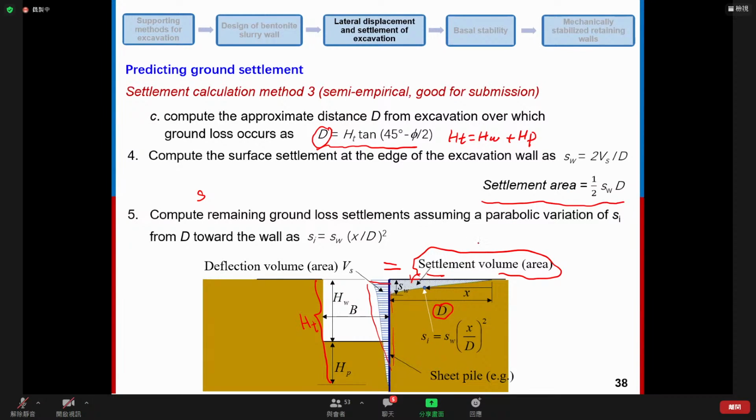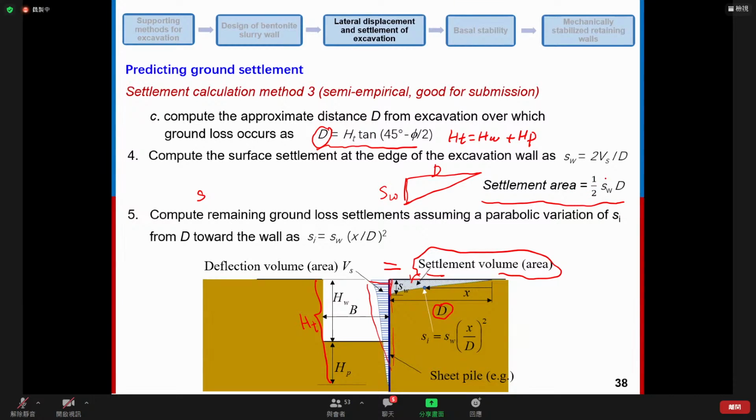You can see it's like the area equation for a triangle. We have the D, and then we have the height of the triangle here, which is SW, the settlement at the edge of the excavation. So we use this kind of simplification method to calculate the settlement area.